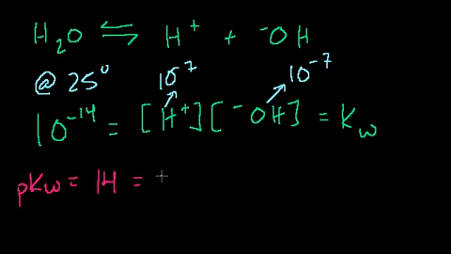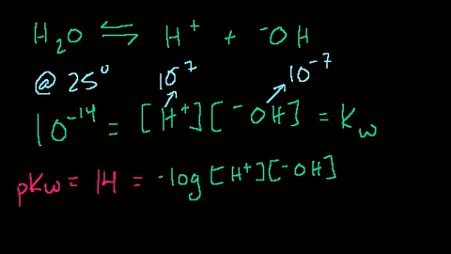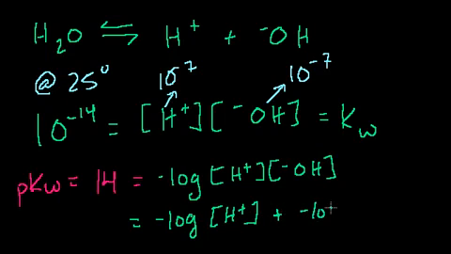This is just logarithm properties. This is more math than chemistry. So the log of H plus times OH minus, our hydroxide ion, that's the same thing, just logarithm properties. This is the same thing as minus log of H plus, plus the minus log of OH minus.